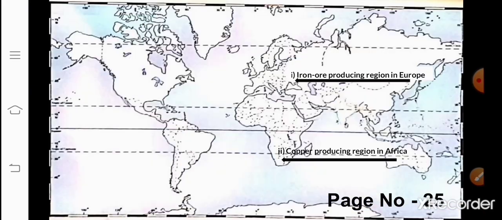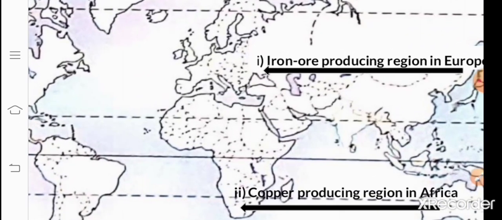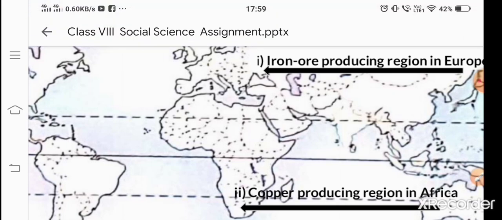Now let's see how to do this. See children, I have shown you the plotting of these two places here. Iron ore producing region in Europe. Okay, I have given the Roman 1 here, and an arrow has been drawn, and above that arrow, the whole iron ore producing region in Europe is written.